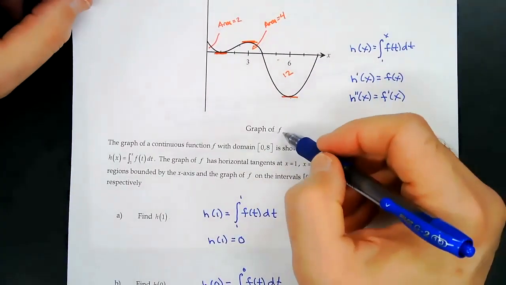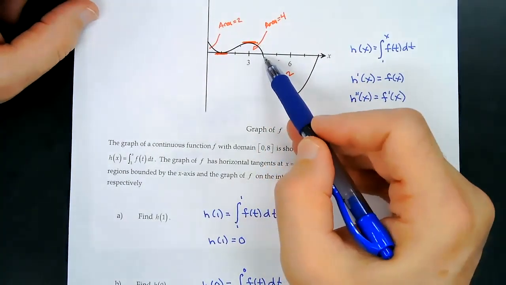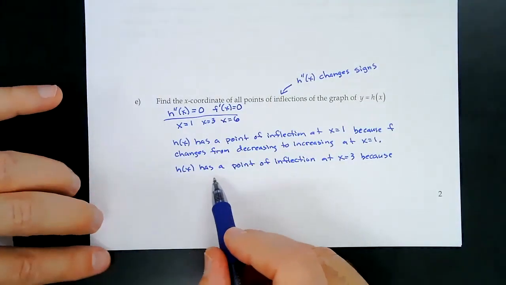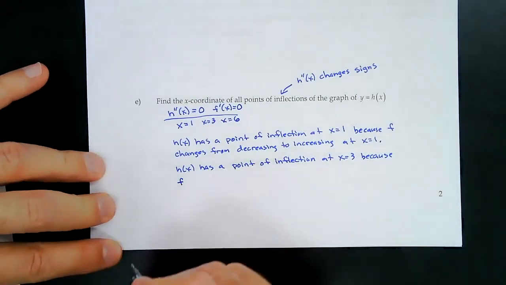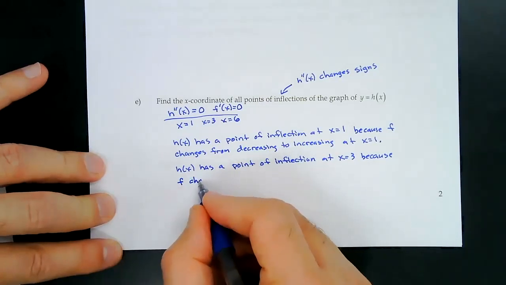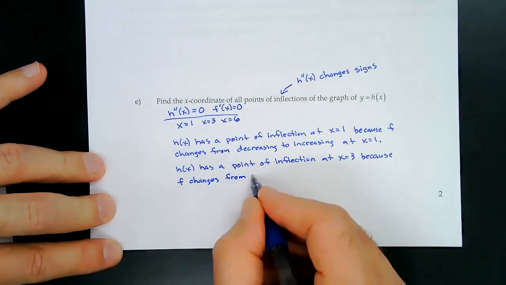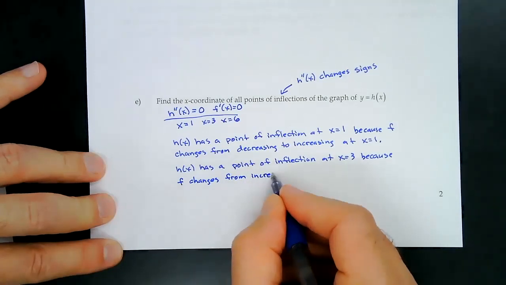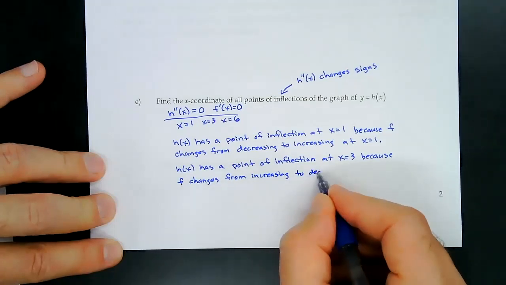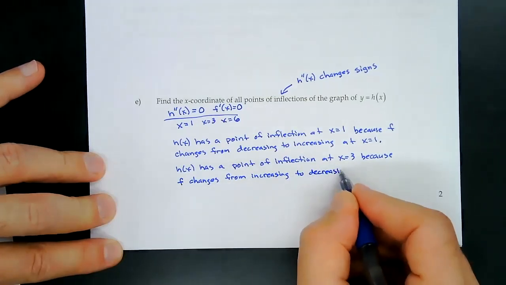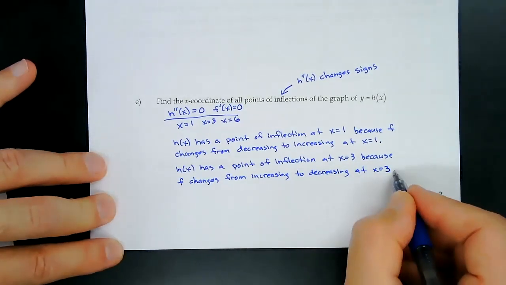And how do we know f prime is changing signs? It's because f is changing from increasing to decreasing. So h of x has a point of inflection at x equals 3 because f changes from increasing to decreasing at x equals 3.